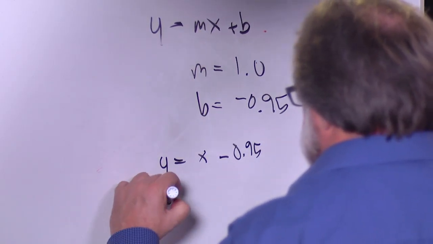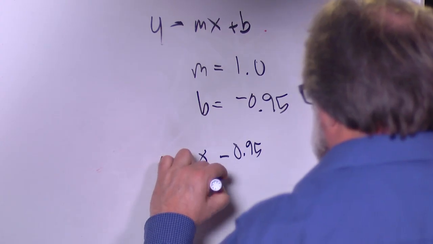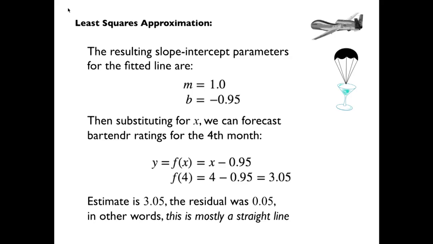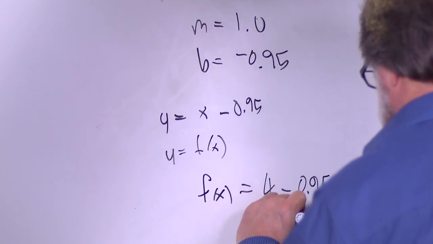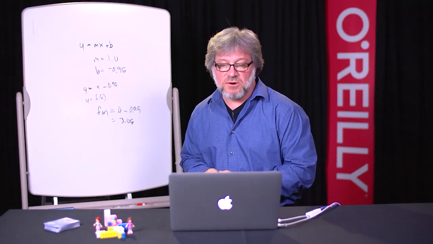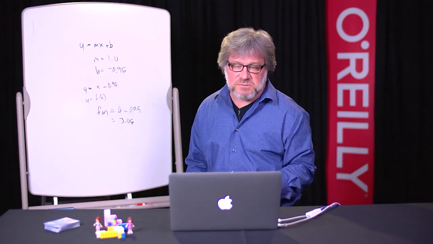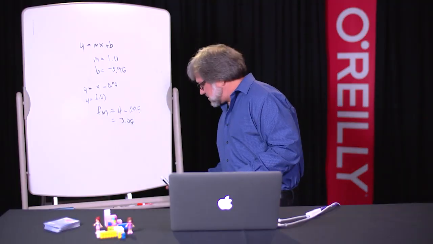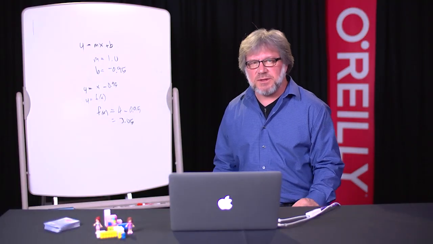So if I state this as y equals f of x, I could say that f of 4, fourth month to forecast, is going to equal 4 minus 0.95, and that should equal 3.05, if I've done the math correctly. So our estimate for the next month is that the bartender ratings will be 3.05 in aggregate. And again, the residual was like 0.05. It's mostly a straight line. It's a pretty good fit.